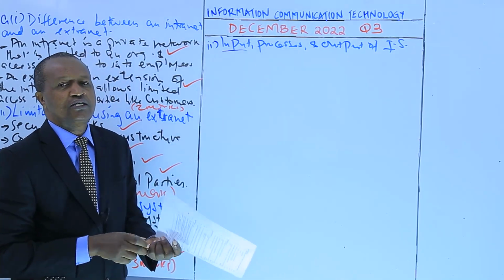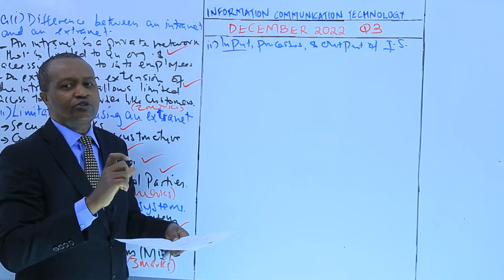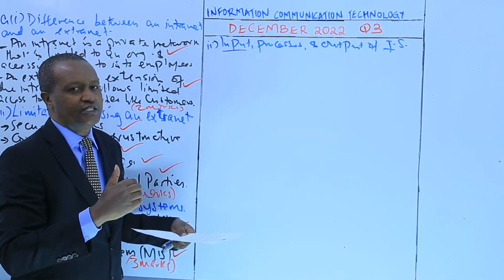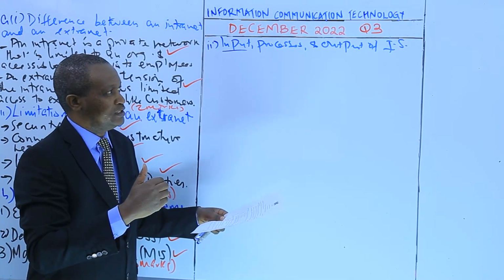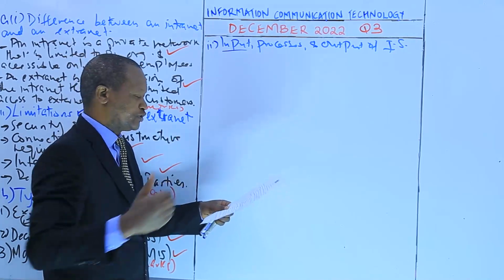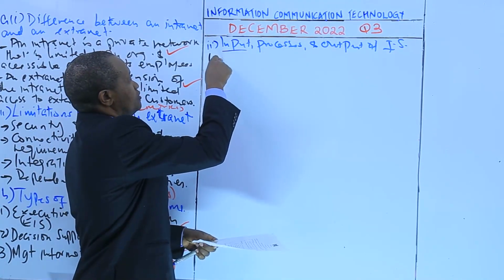Now, candidates, data and information from various sources. I'm now defining the input of an information system. Let me just put it down. Input.